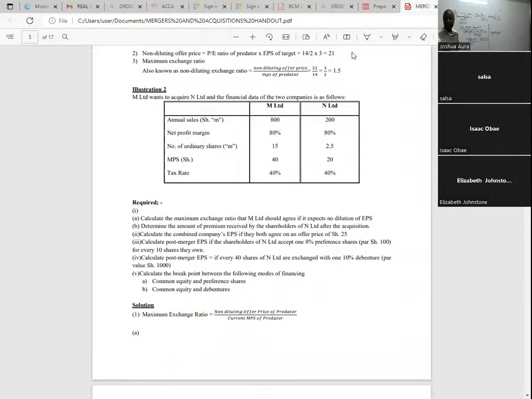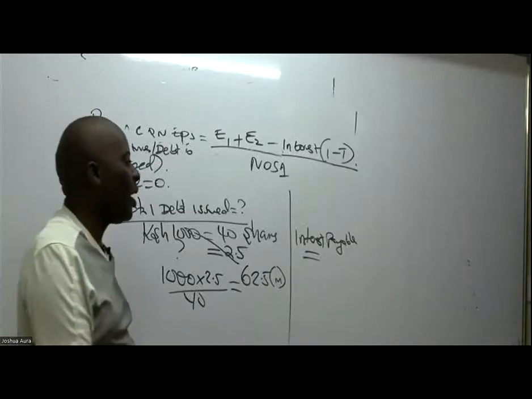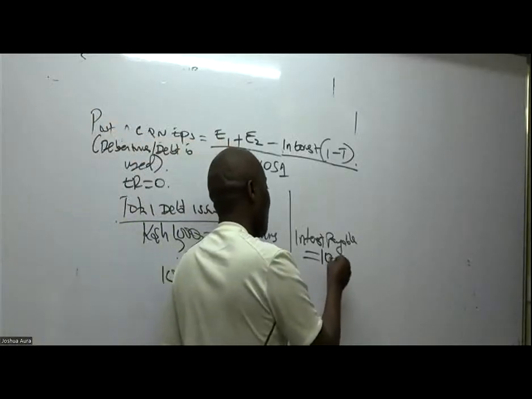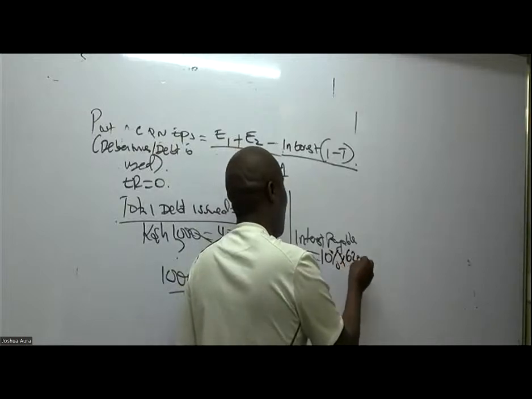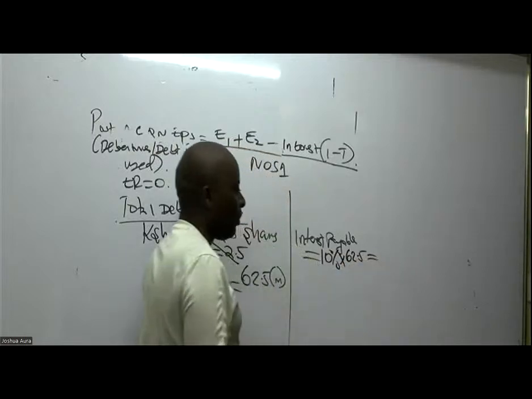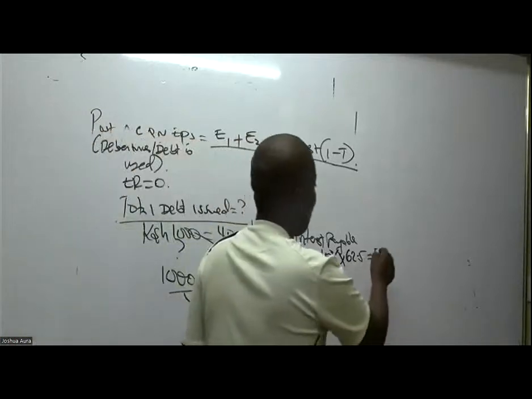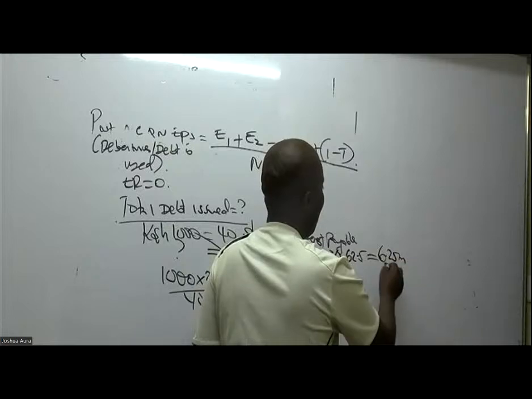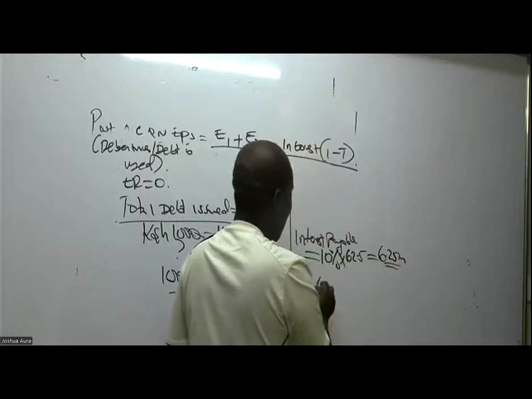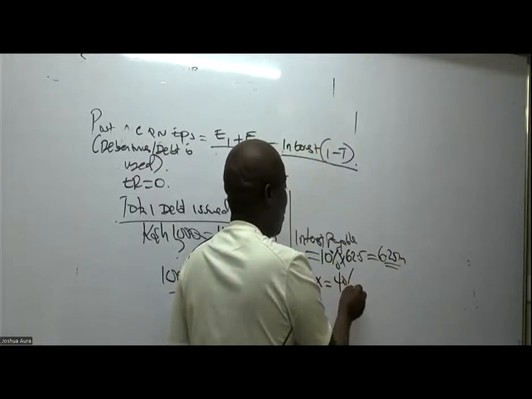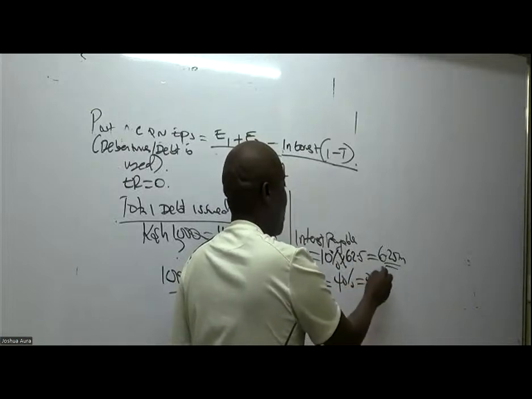So interest will be 10% of 62.5, which is 6.25 million. And then, of course, they have given me the tax rate. The tax rate in the question is 40%, which is the same as 0.4.